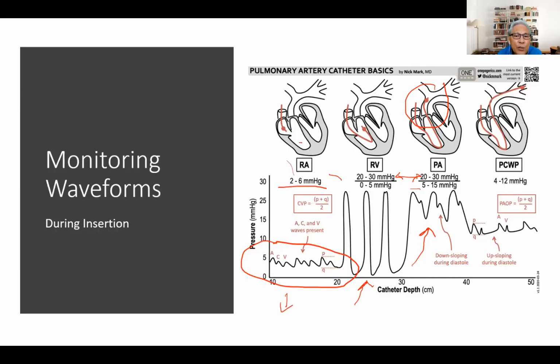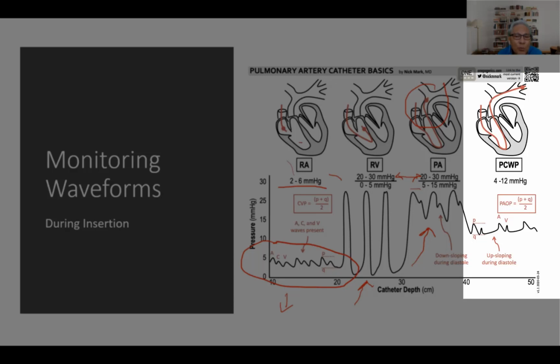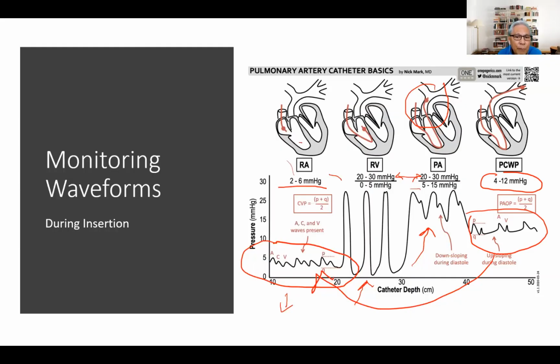And lastly, when it goes into a wedge position, the mean is going to be less. So it's going to almost look like the right atrial pressure again, because this pressure reflects which chamber of the heart? The left atrium.